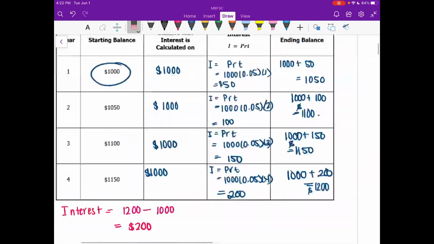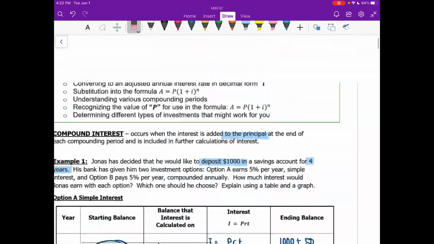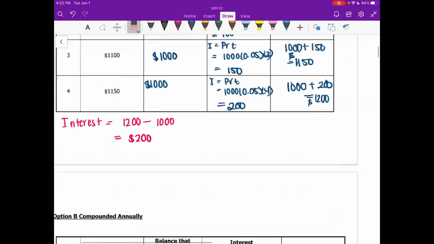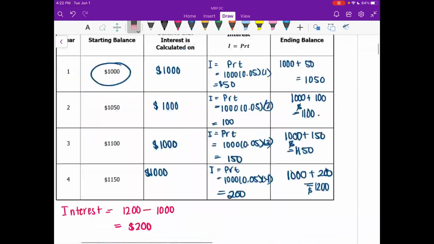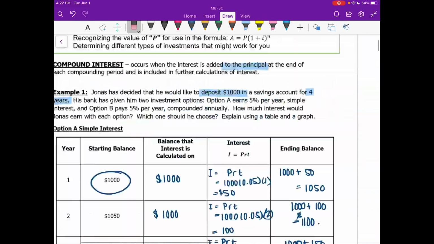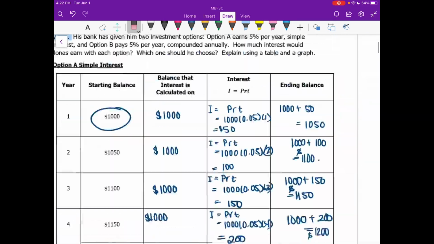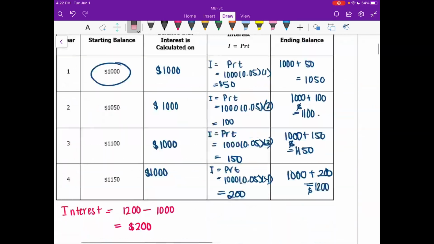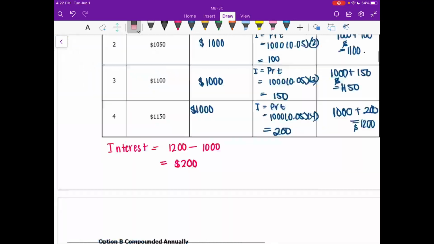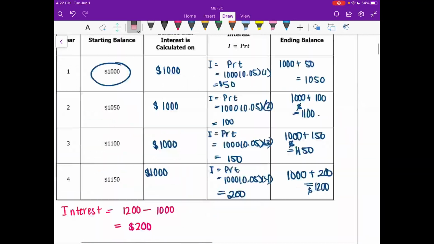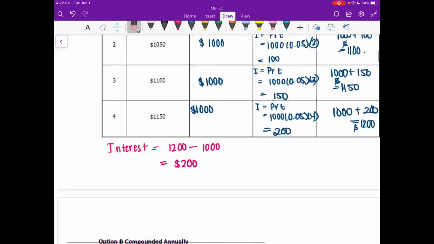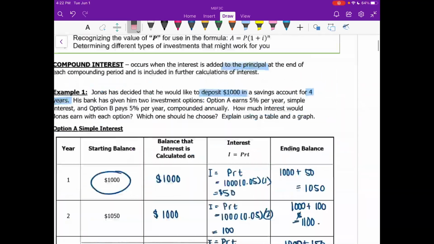Let's calculate our interest first. I'm going to put interest in this green. Interest is equal to our annual interest rate, 0.08 because it's 8%, divided by 4 because it's over 4 compounding periods. So 0.08 divided by 4 is going to give us 0.02.